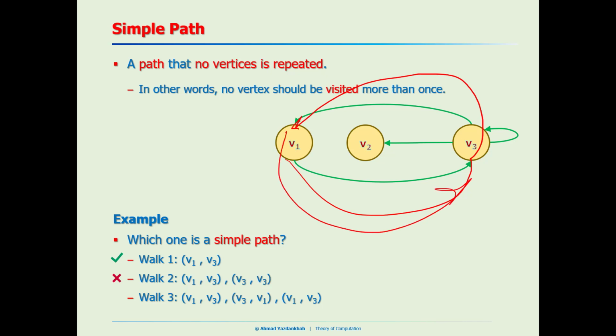So this is not a path. If it is not a path, definitely it is not a simple path too. So first we should prove that it is a path, then we talk about whether the vertices are repeated or not. So definitely it is not a simple path.